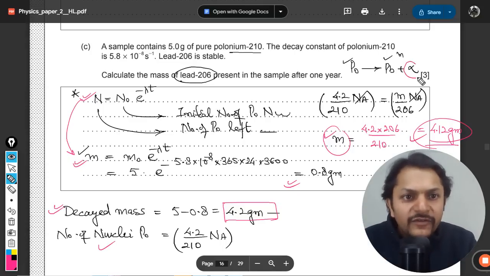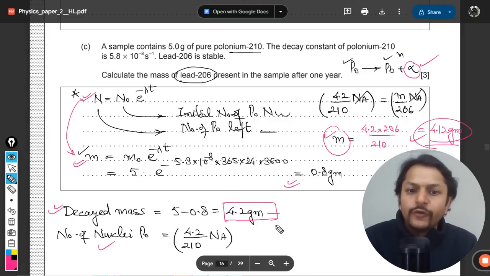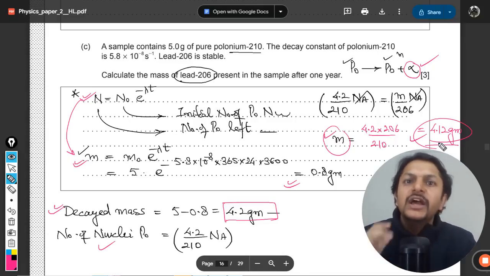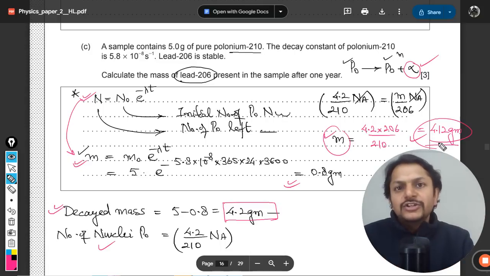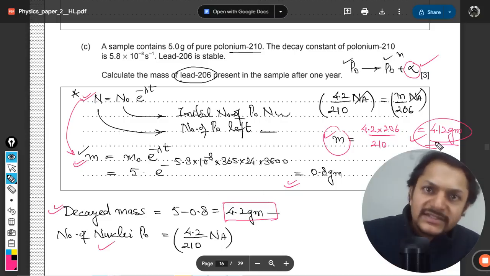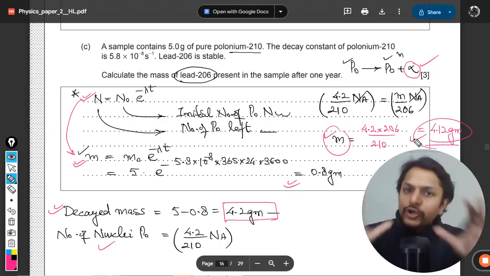Because alpha is created. Where is the rest of the mass going? 4.2 minus 4.12, that is 0.08. Where is that going? Alpha is being created and alpha is taking up that mass. That is why this mass is not equal to this, and that is why we have to follow this big process to do this question.